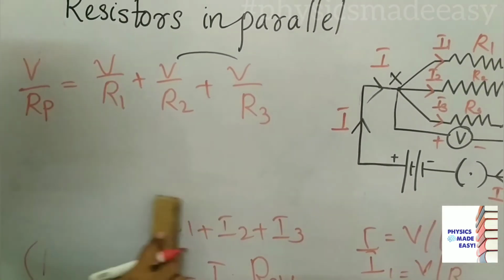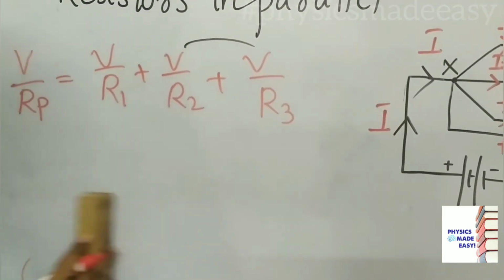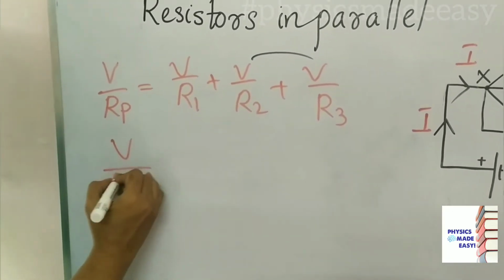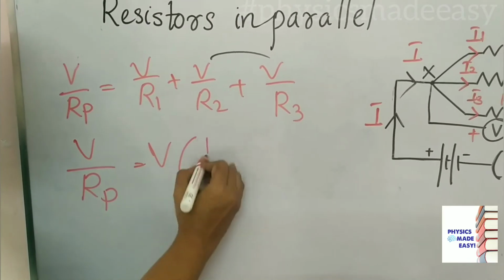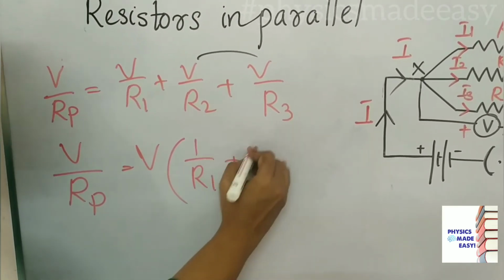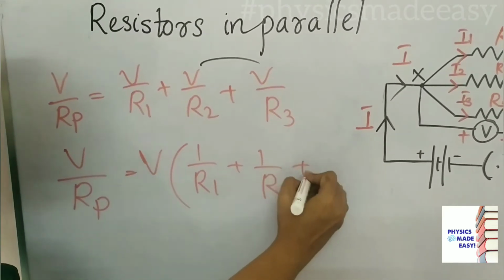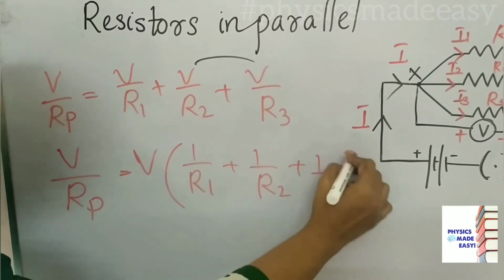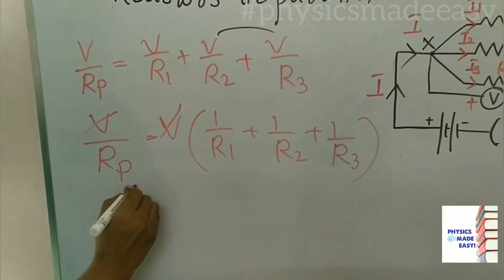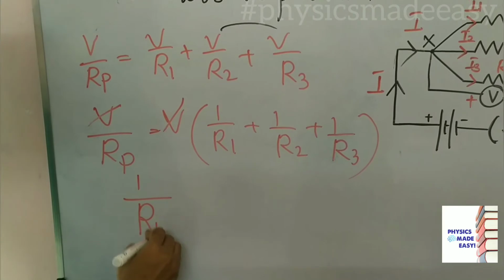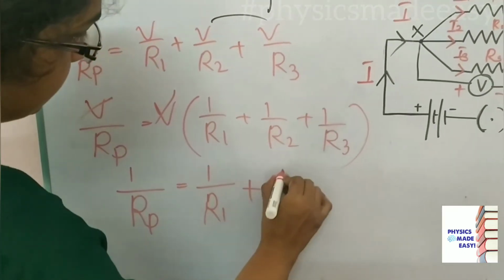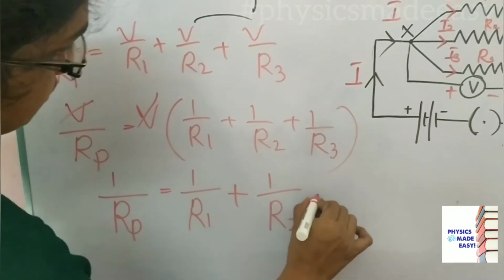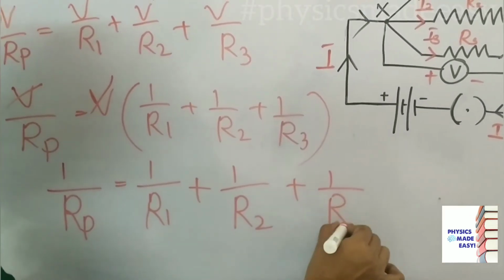Then V by RP is equal to this V common, no? So you can take it outside. 1 by R1 plus 1 by R2 plus 1 by R3. You can cancel this V. Then you will get 1 by RP equal to 1 divided by R1 plus 1 by R2 plus 1 by R3.